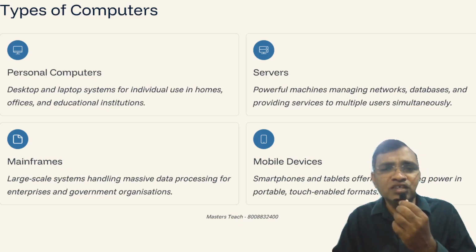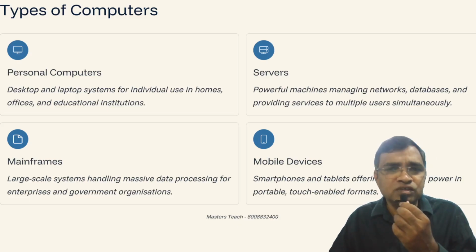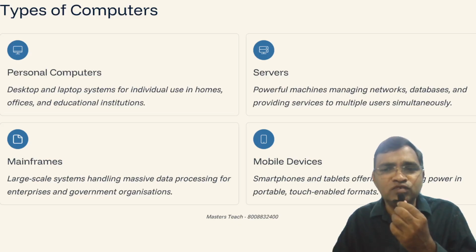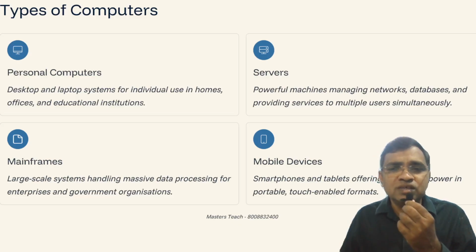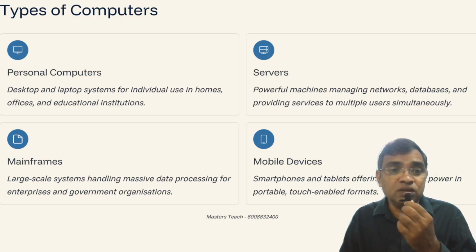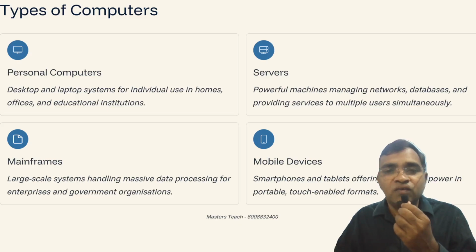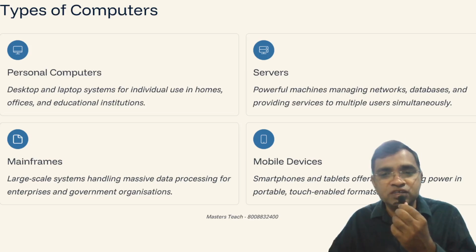Servers are powerful machines that manage networks, databases, and provide service to multiple users simultaneously. Then mainframe computers are large scale systems which handle a lot of data and processing for enterprises, companies, the corporate world, and government organizations.